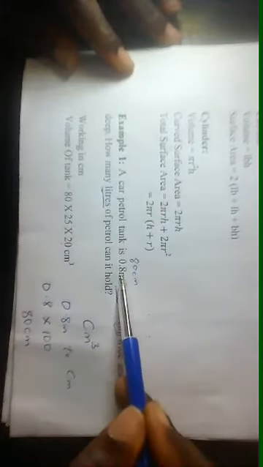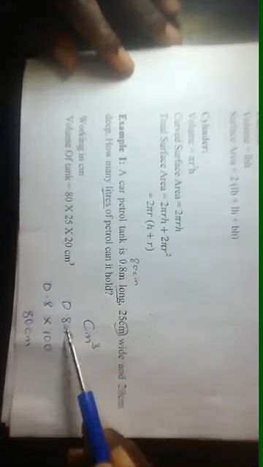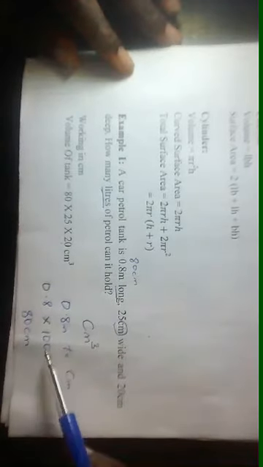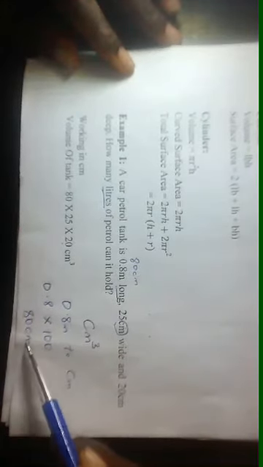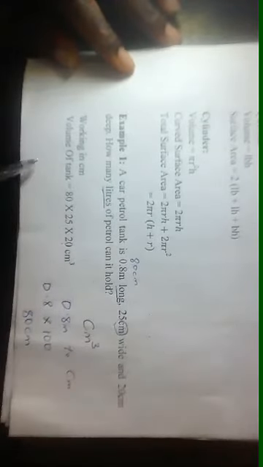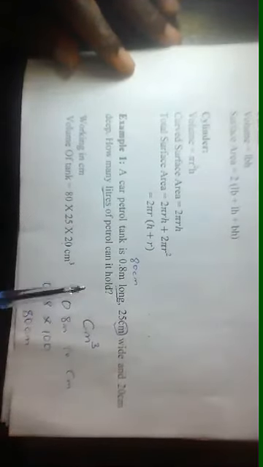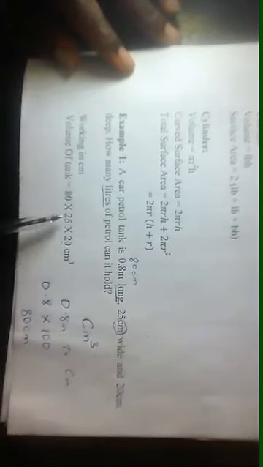So 0.8 converted to centimeters is 0.8 times 100, which will give us 80 centimeters, which is what we have here. So then we can now calculate the volume of the petrol tank. When we calculate this time around, we are going to have centimeter cubed. Then we are going to convert that centimeter cubed to liters.